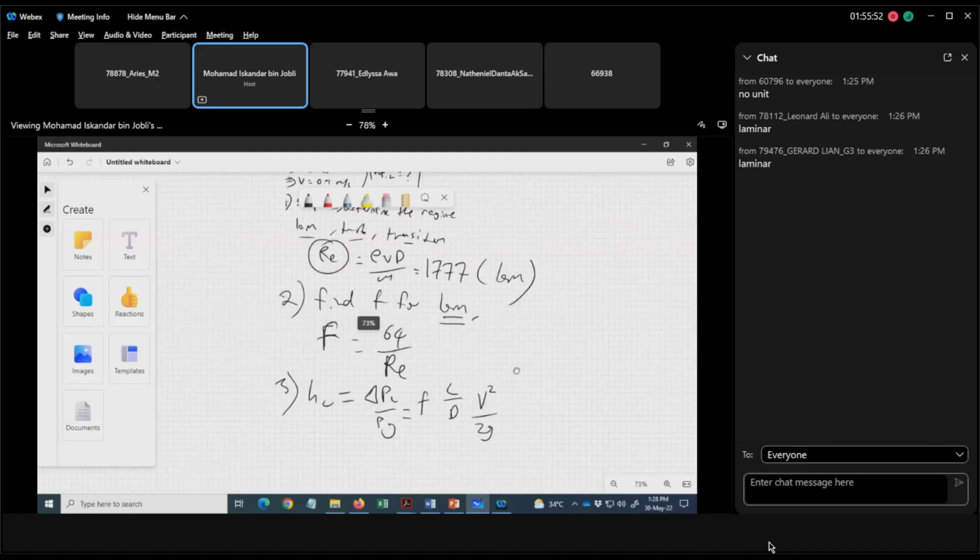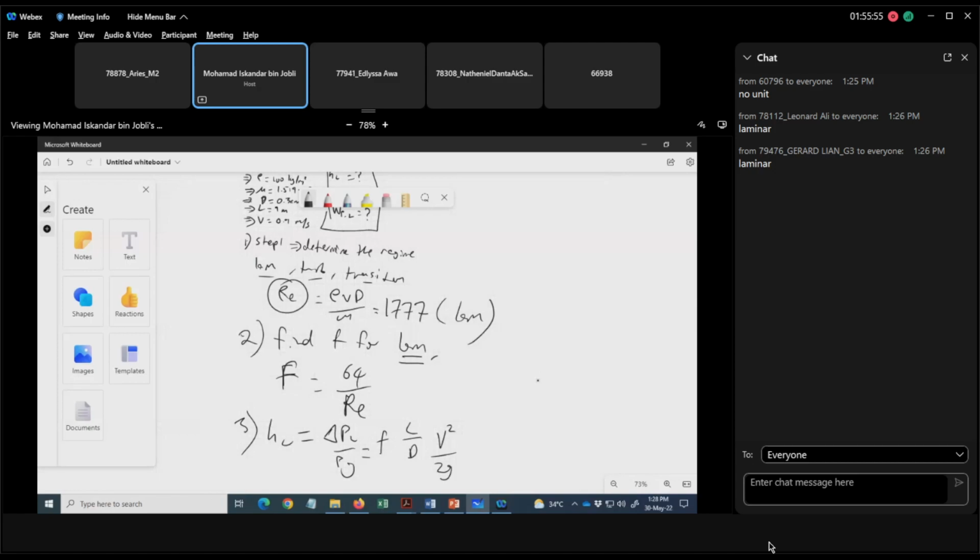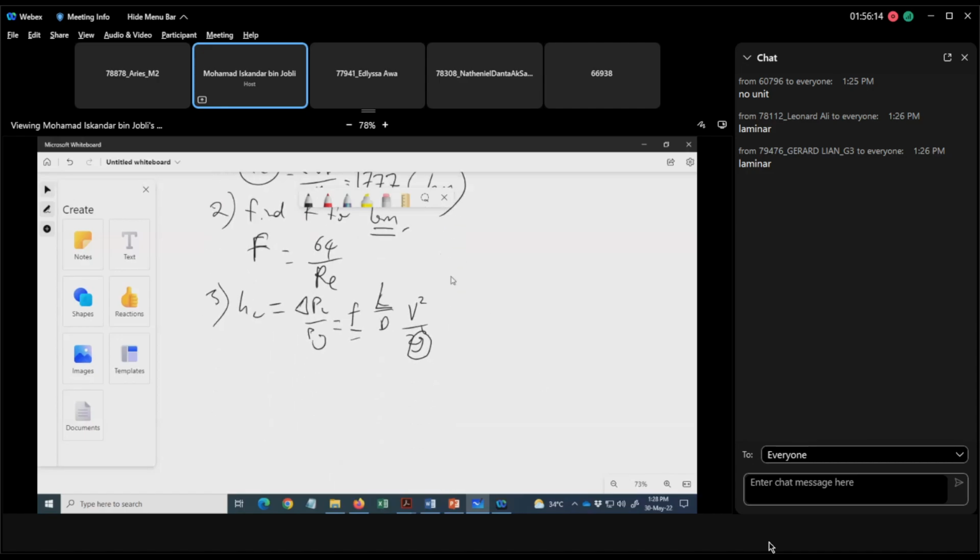Now, tell me, do you have F? Yes. Do you have L? Yes. You have D, obviously. You have the V, given here. And do you have the G? G is the gravitational acceleration, which you can find. So you just work out 2G, and the answer given by the book is 4.46 meter. That's it.